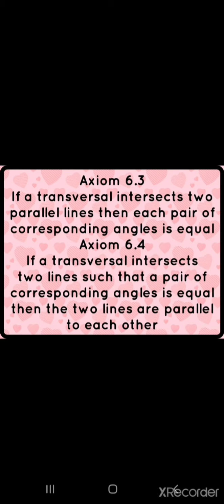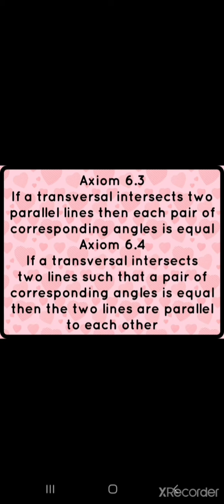Now, we can have a look at some properties of these 3 pairs of angles. First pair, corresponding angles. If a transversal intersects 2 parallel lines, then each pair of corresponding angles is equal. The 4 pairs of corresponding angles always have equal measurements. That is given in axiom form, axiom number 6.3. Axiom number 6.4 is the converse of axiom 6.3.